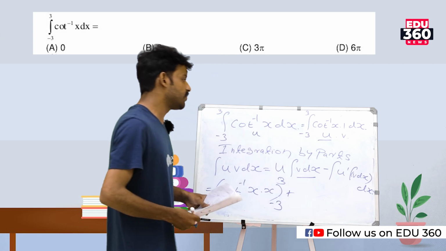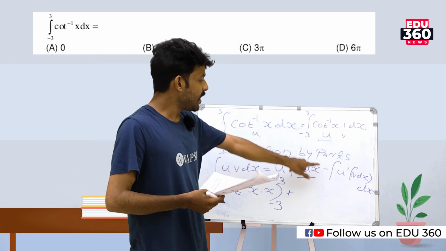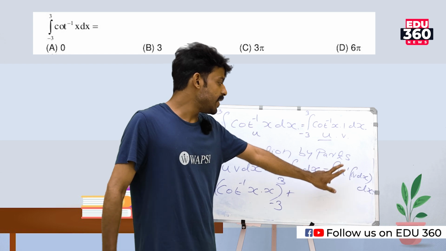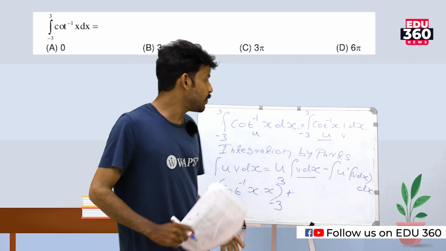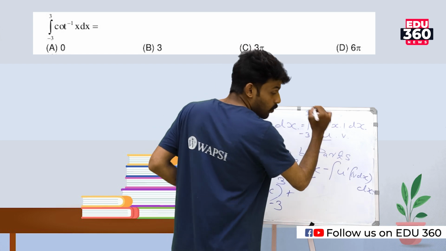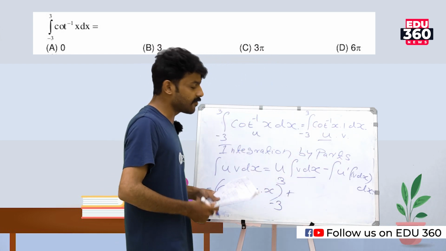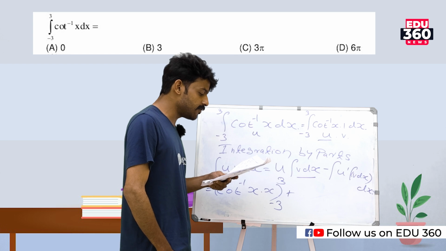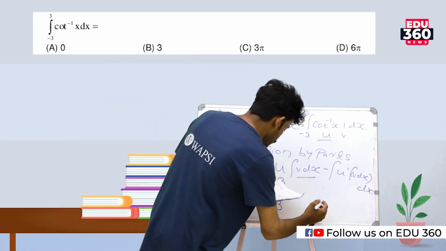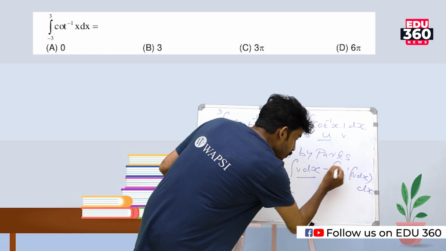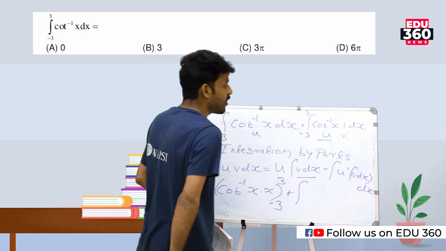The next term is minus the integral of u dash times the integral of v dx.